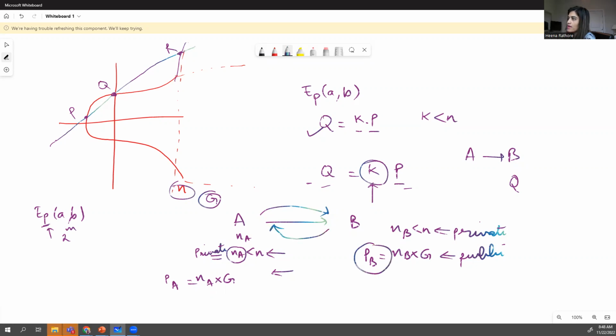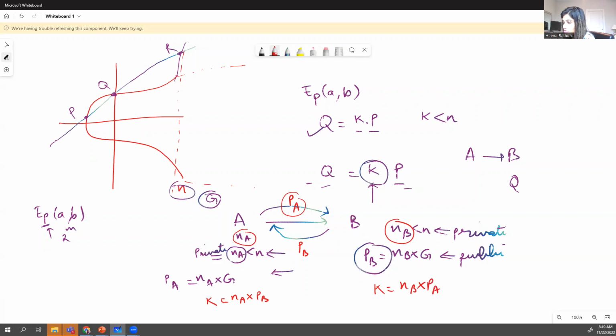So Bob transmits PB, and Alice transmits PA. Since Alice knows her private key, she will take NA times PB, which was sent from Bob, and this becomes the secret key K. In this case, Bob has his private key NB, and computes NB times PA, which was sent.